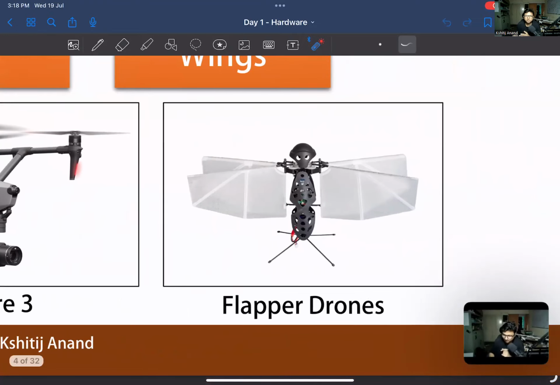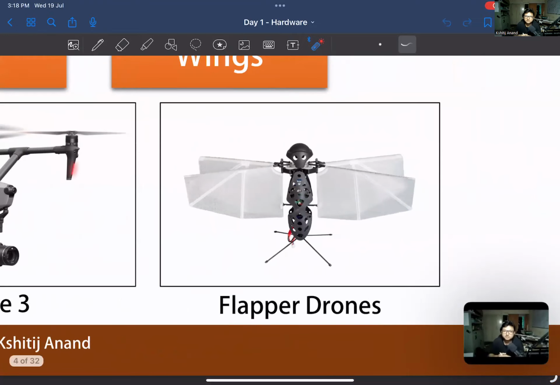And finally, we talk about flapper drones. This was a flapper drone I had access to when I was doing my internship in TU Munich last summer. This is the only drone right now available commercially in the market. The company itself is called Flapper Drones, an entrepreneurial company which started about in the year 2015 in MAV lab in TU Delft.